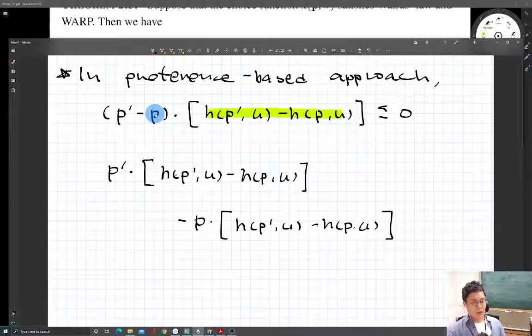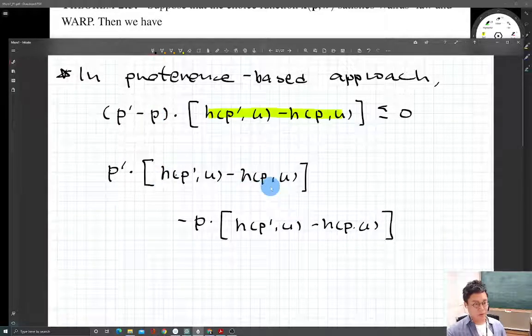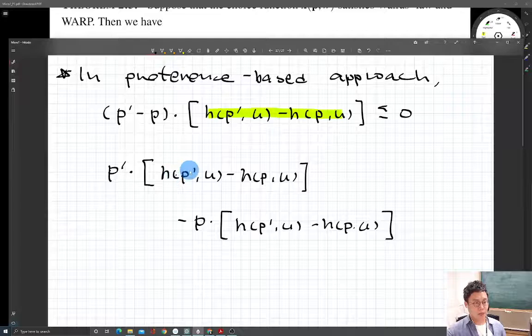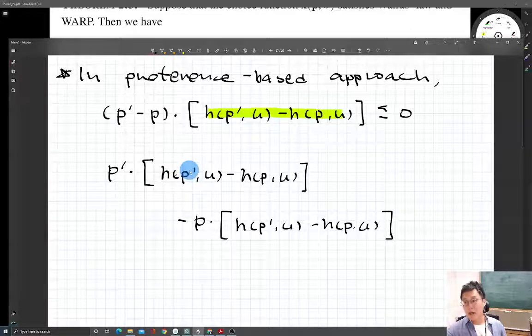Now think about the sign of each quantity. In the first multiplication, in this dot product, we have P prime dot H of P prime. What is that? That is a minimal expenditure.